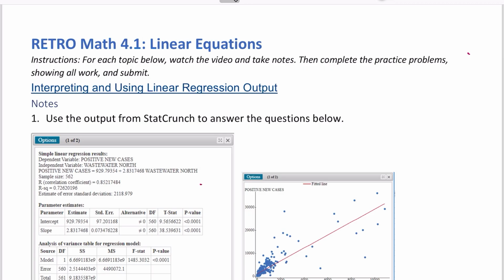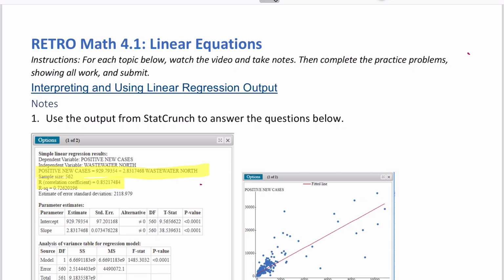So here's what we have. We have output, and I want to show you some information that'll be important in the output. I'm going to highlight these, and then I'm going to erase the highlights so that you can read it better. One of the things that you're going to look at in the output is the equation of the line, and that will be found in this first box here of output. The other thing you're going to look for is the correlation coefficient.